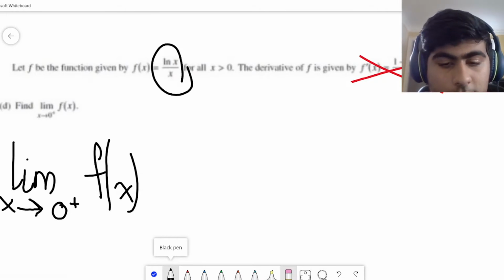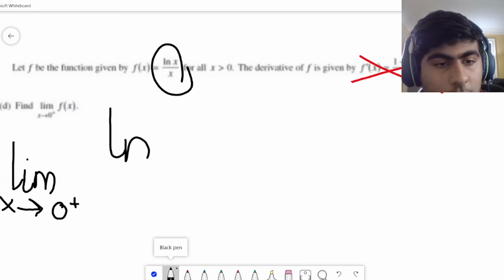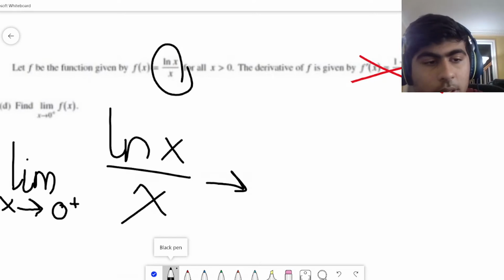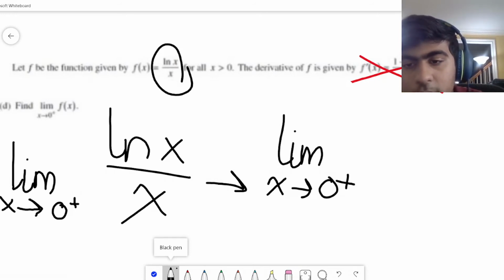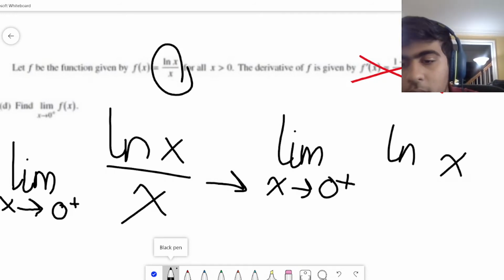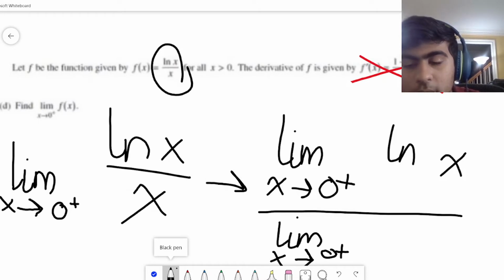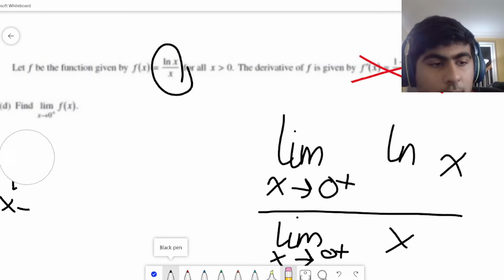We can see that if we write this as a quotient, ln x over x, we can make this the limit as x approaches 0 from the positive side of ln x, over the limit also as x approaches 0 from the positive side of x. And then we can evaluate these two limits separately and see what we get.